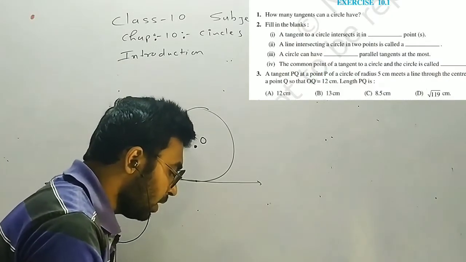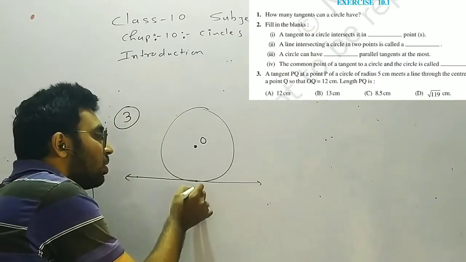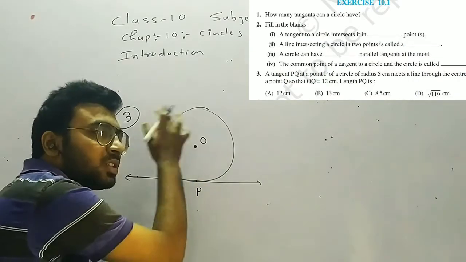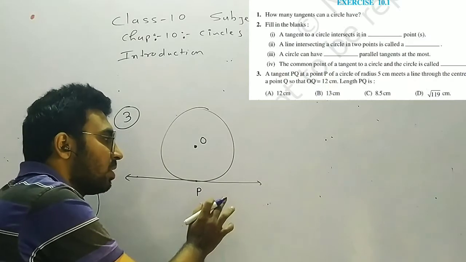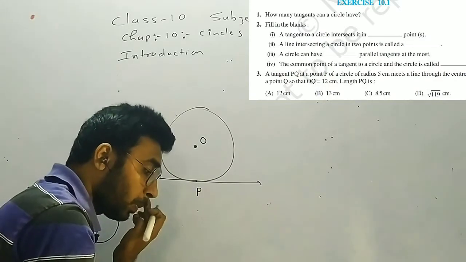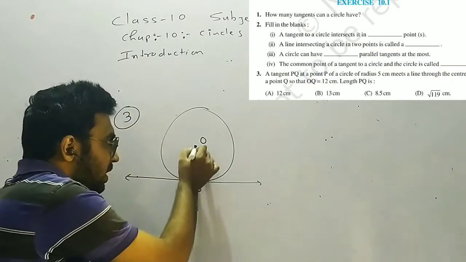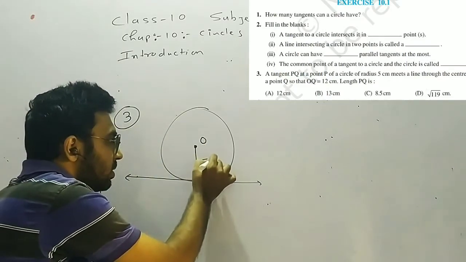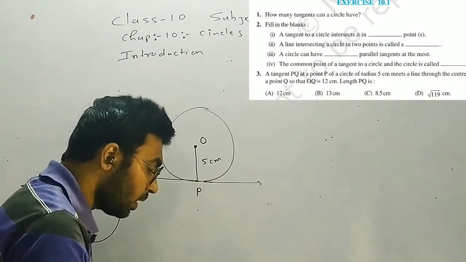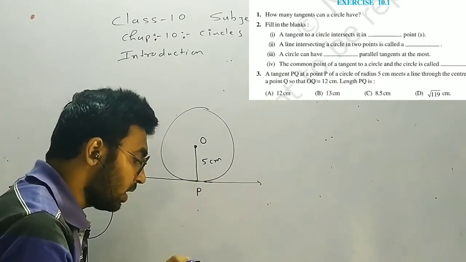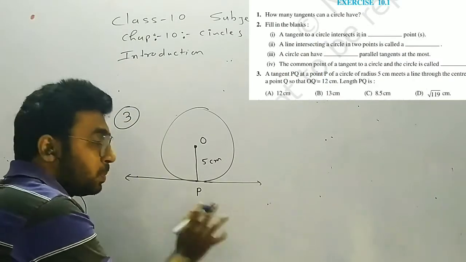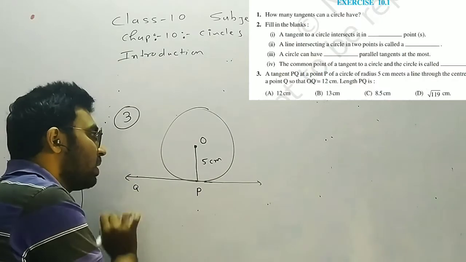At a point P of the circle means P is on the circle and on the line also. So P is the point of contact. Radius is 5 centimeters. A line through the center O at point Q. PQ is the tangent, so Q is here.